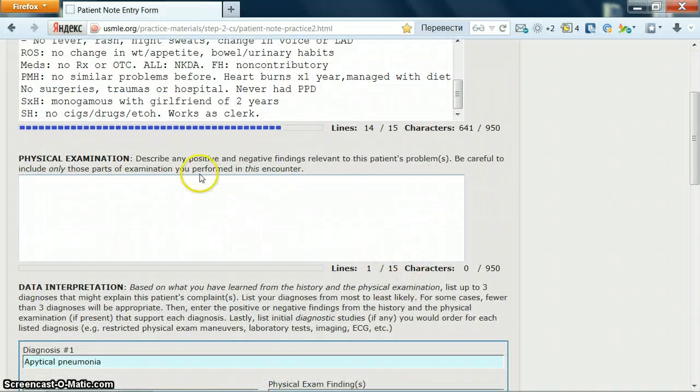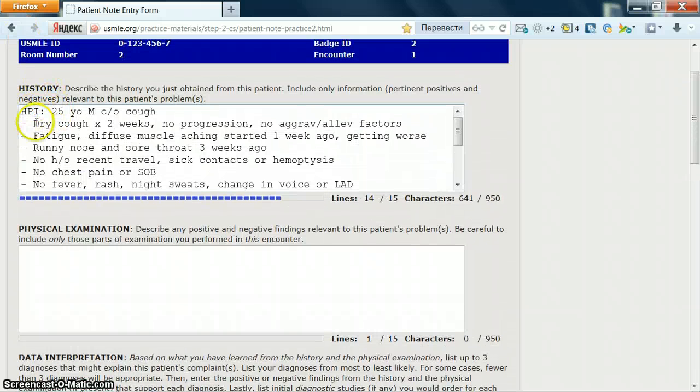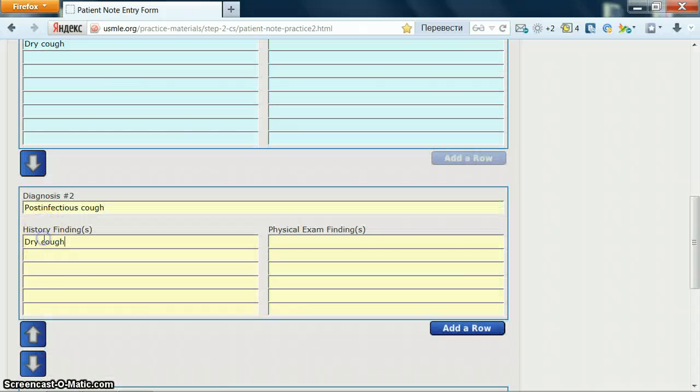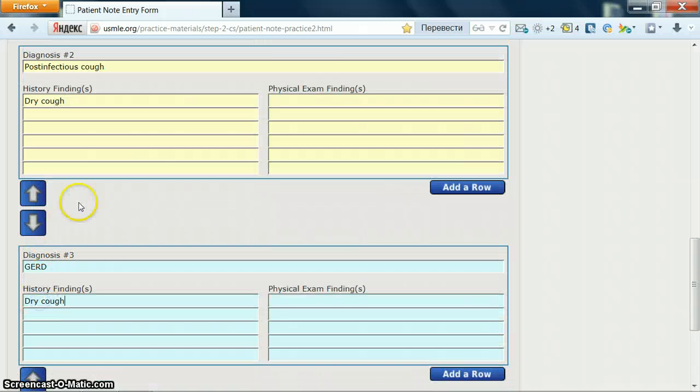And now we can copy this for all our differentials because it's the same for all of them.